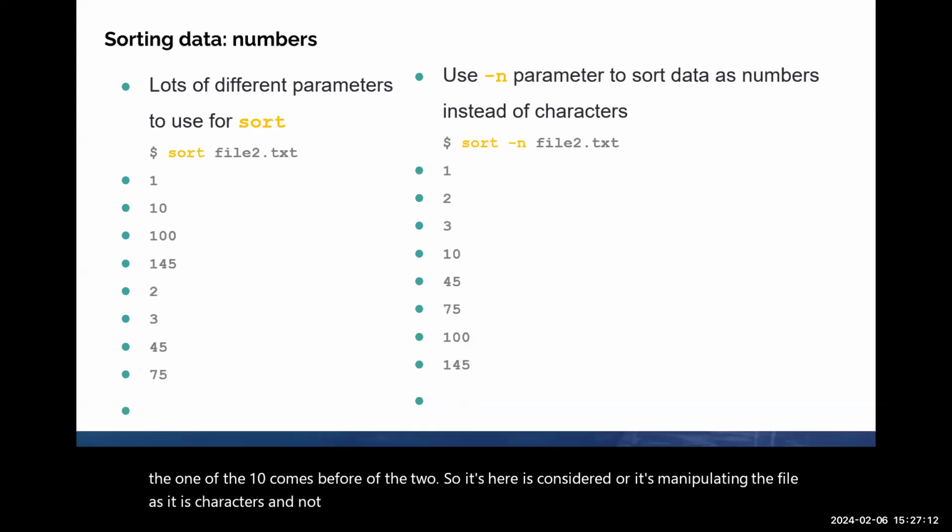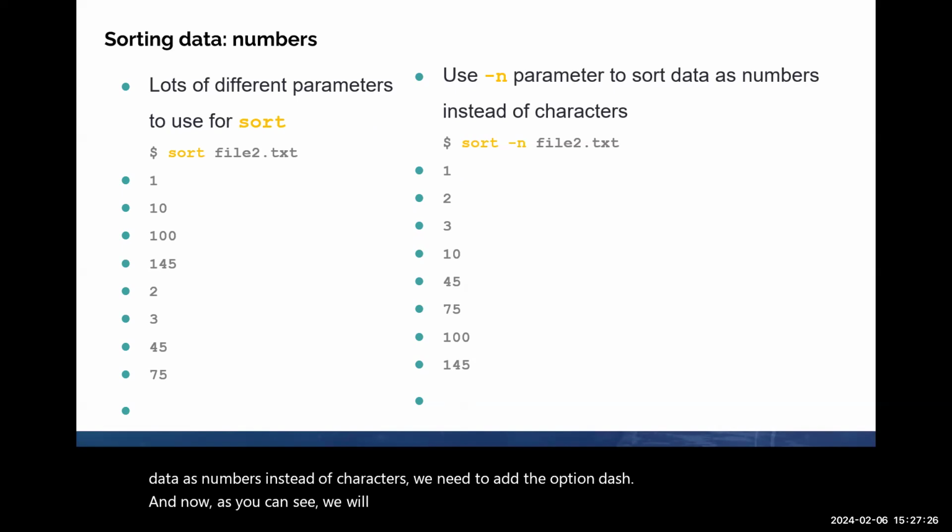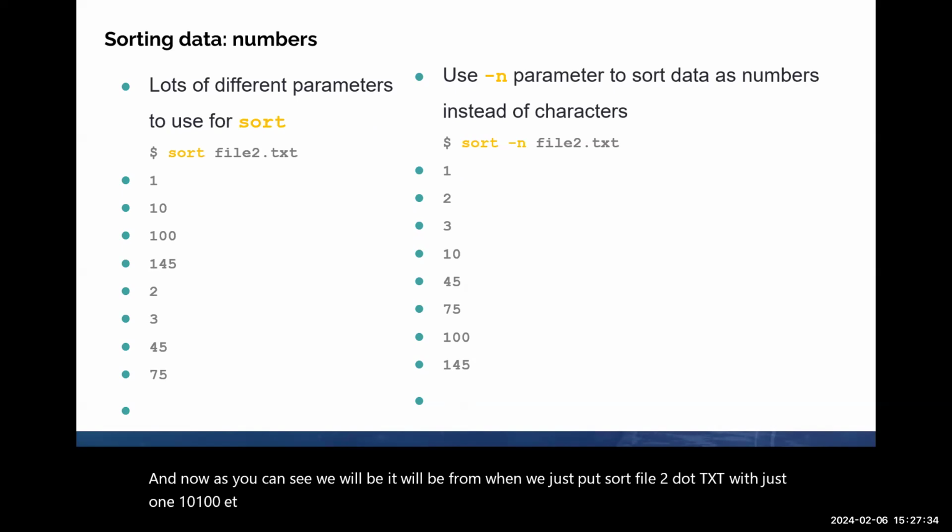To say that it is a file of numbers, or we want to sort this data as numbers instead of characters, we need to add the option -n. And now, as you can see, when we just put sort file2.txt, it will give 1, 10, 100, etc. And when we type sort -n, it will consider it as a number and sort it in ascending order.